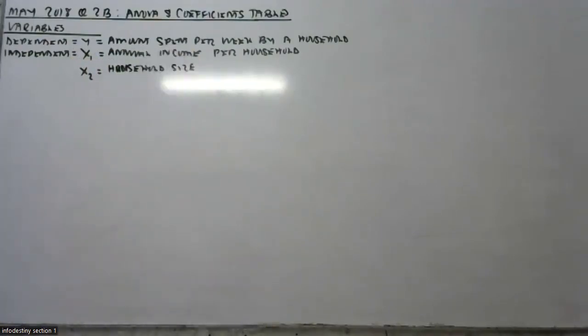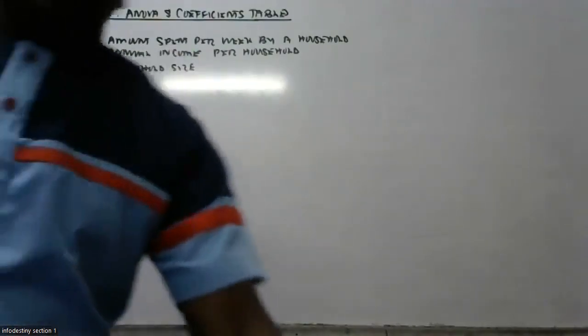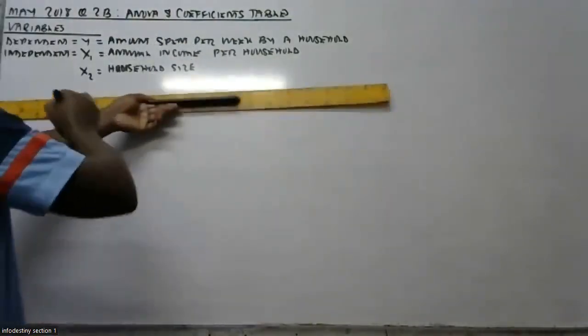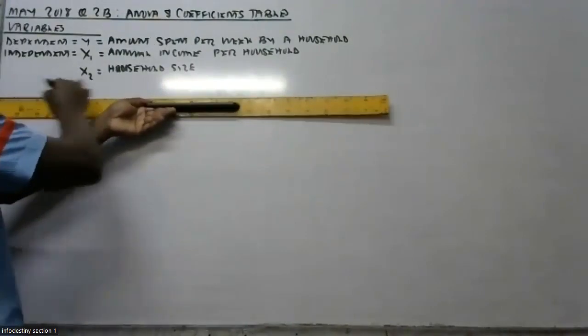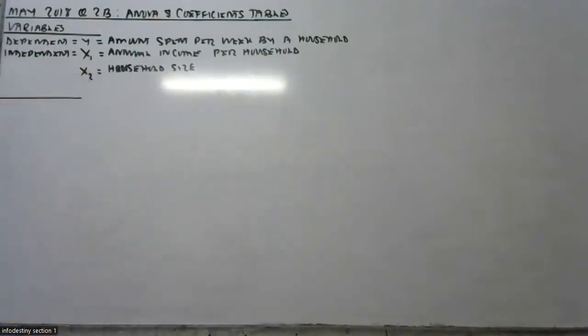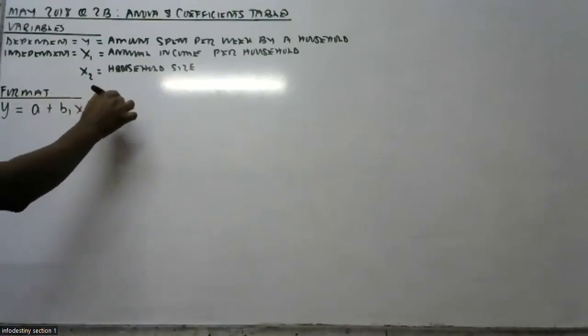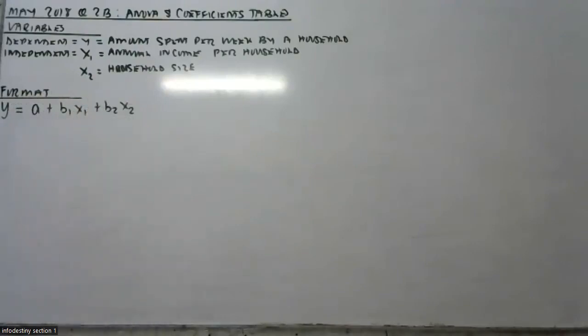So once you have known how many variables are present in your question, the next thing that should quickly come to your mind is the format of the equation. So this tells you you are going to have an equation of Y equals a plus b1 x1 plus b2 x2. That is the kind of equation that we are going to have.